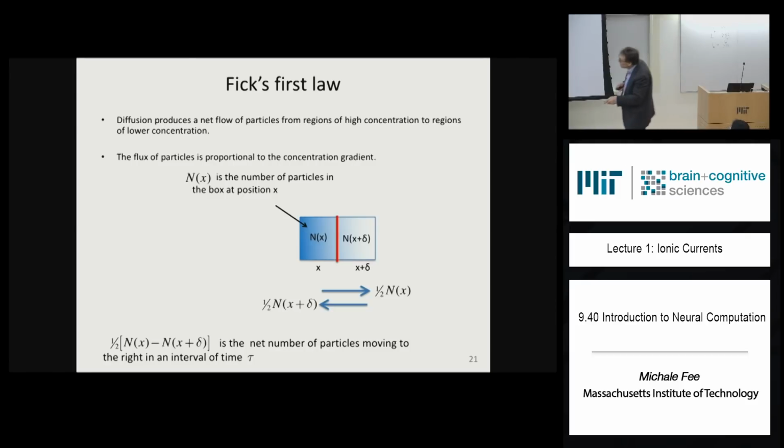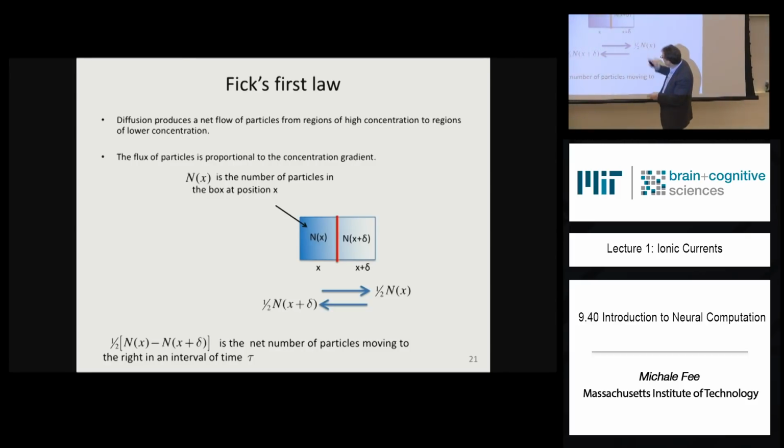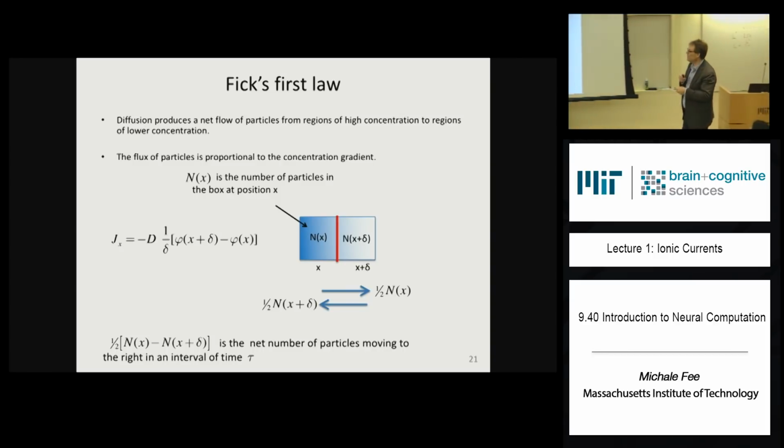But what does that look like? You have the number here minus the number some distance away. And what if you were to divide that by the distance? What would that look like? Good. It looks like a derivative.